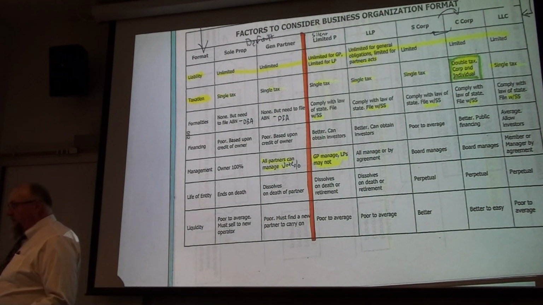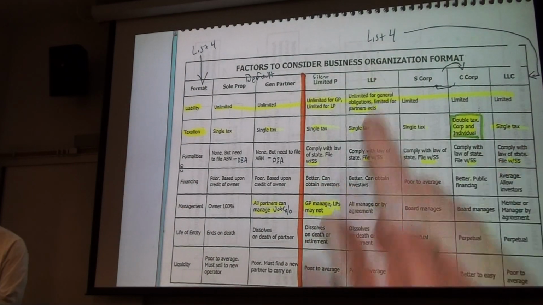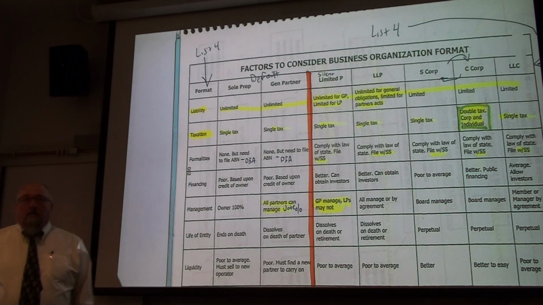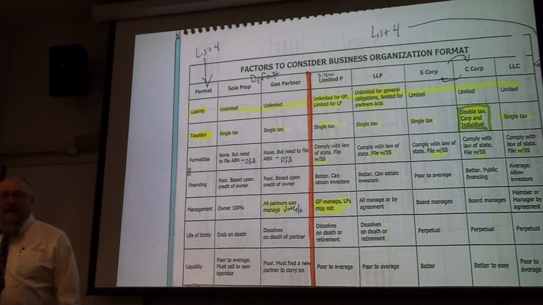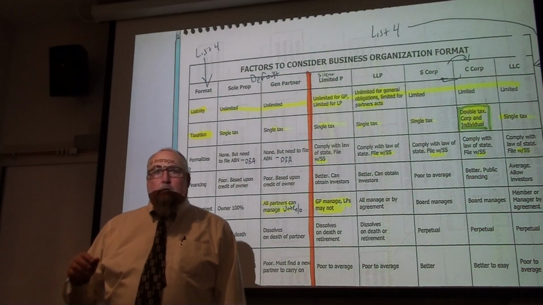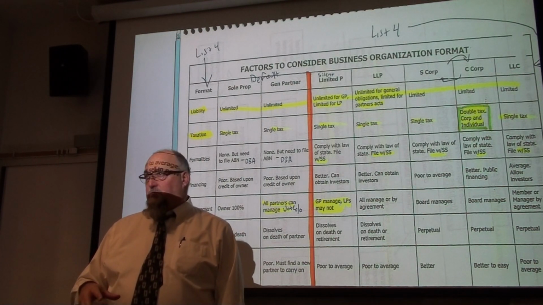So I have here, if you'll notice, it says list 4 and then list 4. So basically, what I'm referring to, fill in the blank questions. What are 4 of the factors that you analyze when you're deciding which type of business format you want to use for your business?